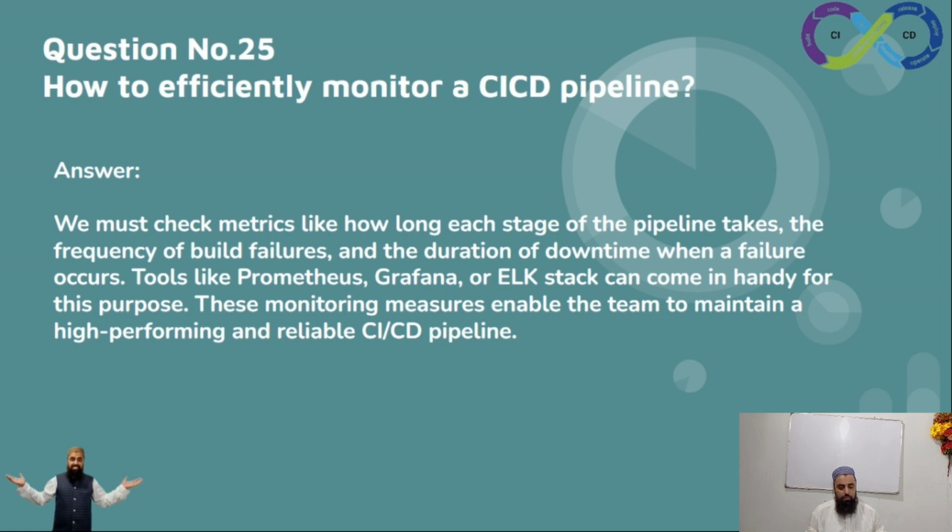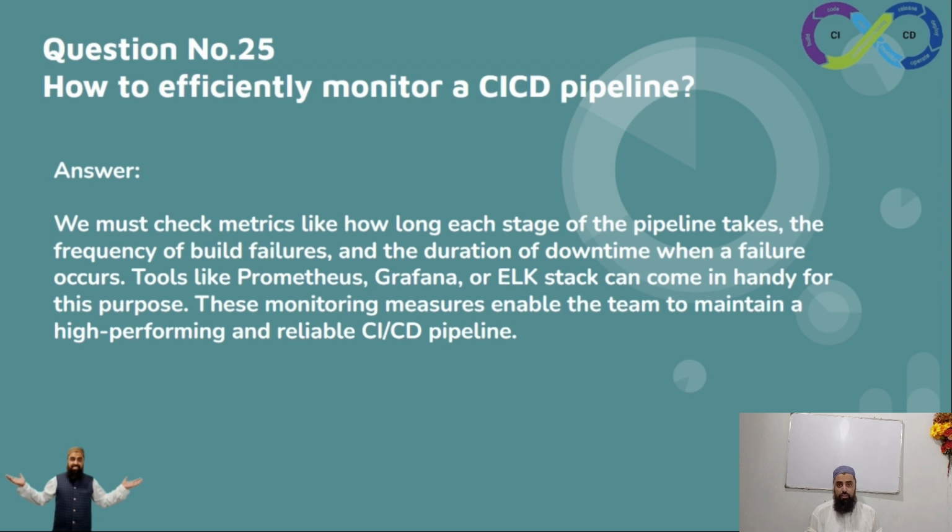How to efficiently monitor a CI/CD pipeline? How can we efficiently monitor? The answer is we must check metrics like how long each stage of the pipeline takes. That is the first step. The frequency of the build failures and the duration of downtime when a failure occurs.